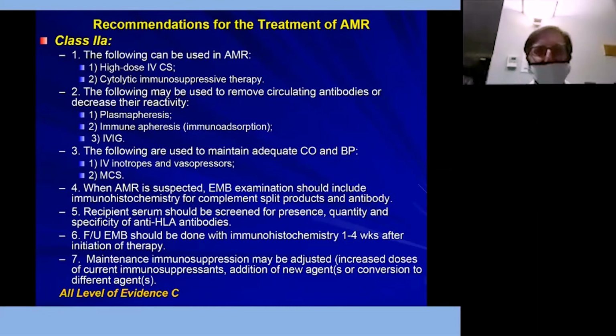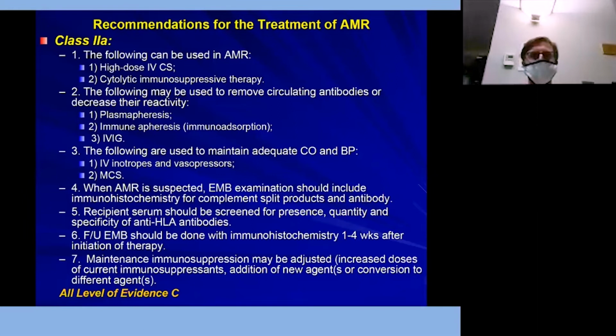So for AMR, the treatment's a little different. For AMR, especially if there's graft dysfunction, steroids and thymoglobulin are still high up in the hierarchy of therapies. Those are non-specific therapies that can decrease both T cell and B cell response.